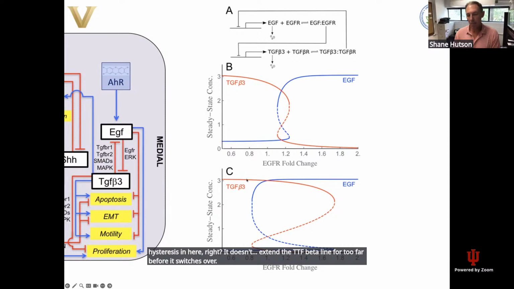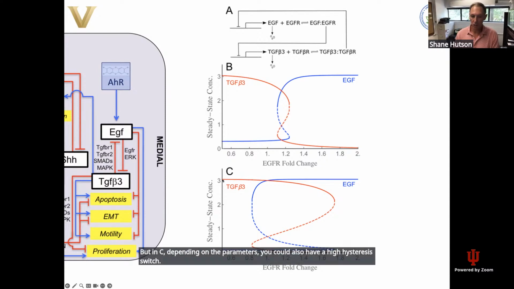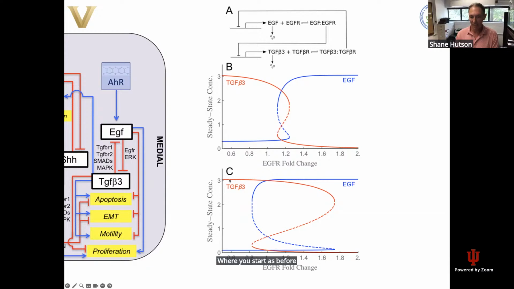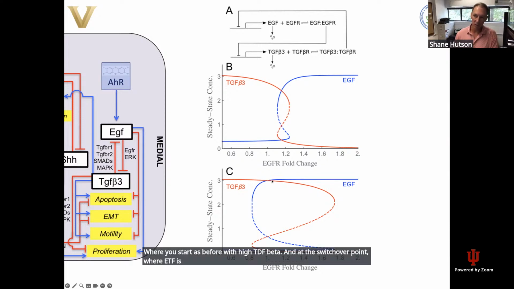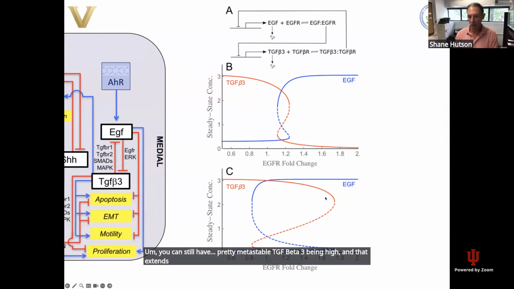But in C, depending on the parameters, you could also have a high hysteresis switch where you start as before with high TGF-beta, and at the switchover point where EGF is thermodynamically more stable or is the winner, you can still have pretty metastable TGF-beta 3 being high, and that extends for a long, long ways out here in terms of EGF receptor fold change. And so this is a high hysteresis switch.